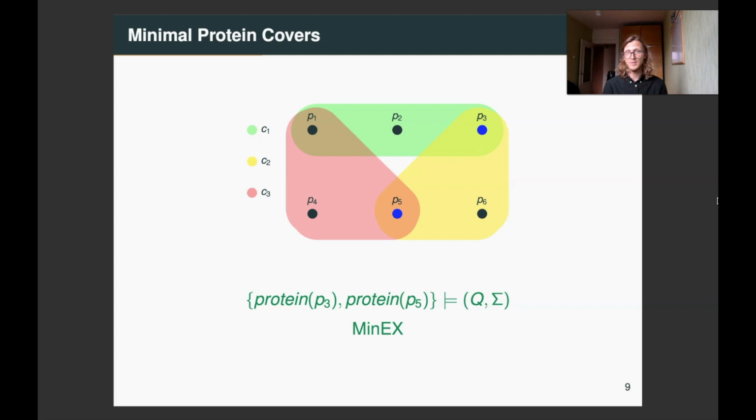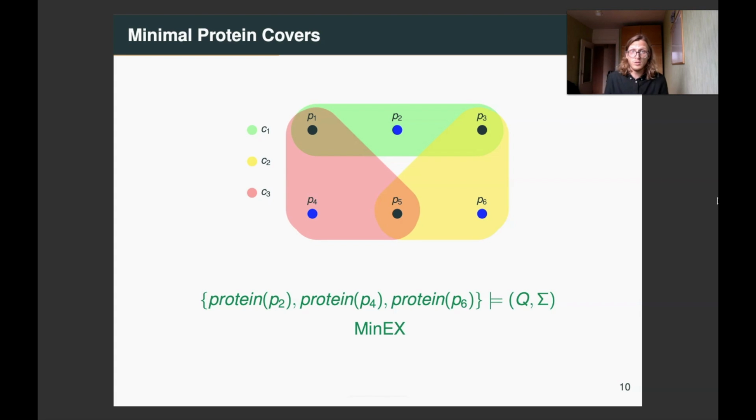If we remove either P3 or P5, then we don't cover all the complexes anymore. Not all minimal explanations have to be of the same size. For example, in this case, P2, P4, P6 is a minimal cover, a minimal explanation, because none of these proteins can be removed, and they cover all of the complexes.